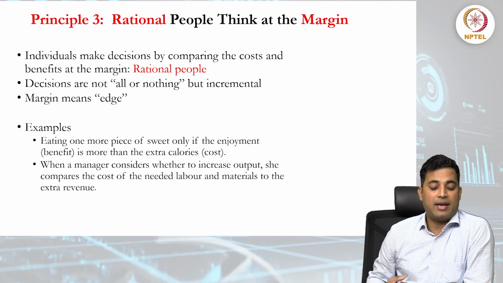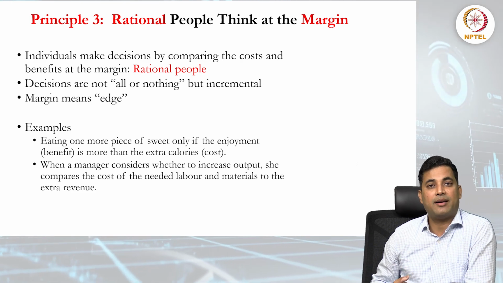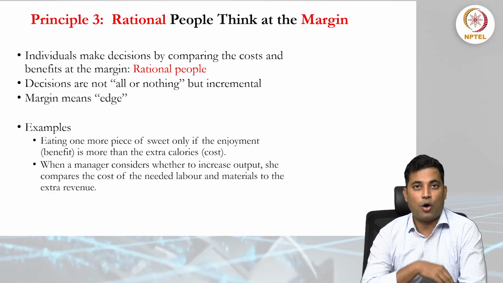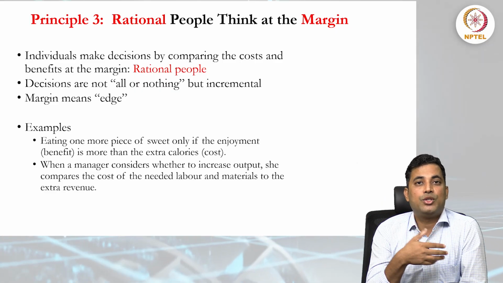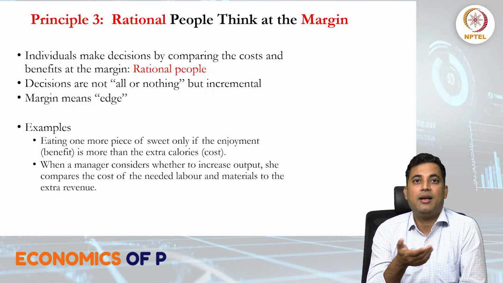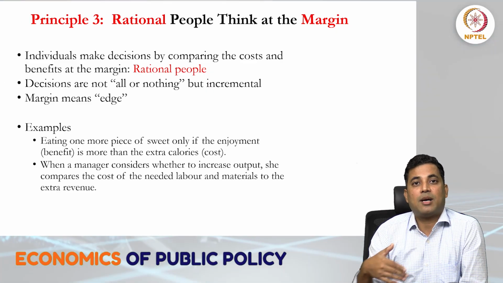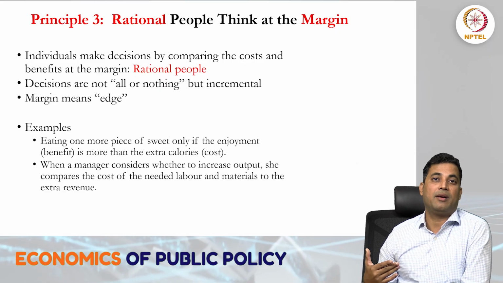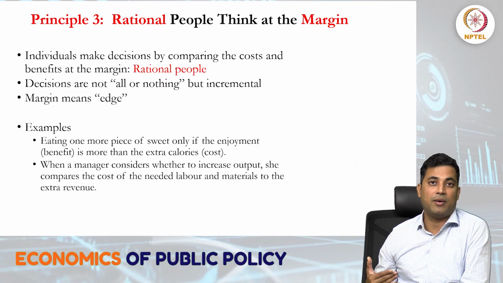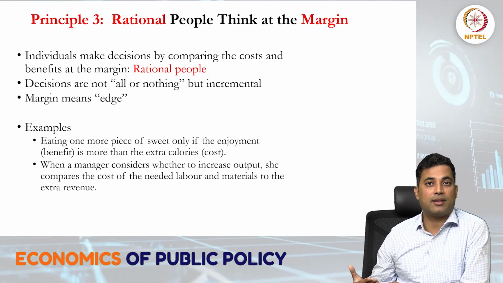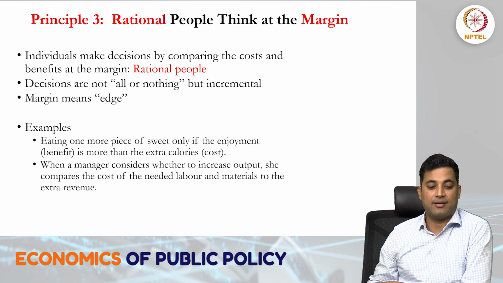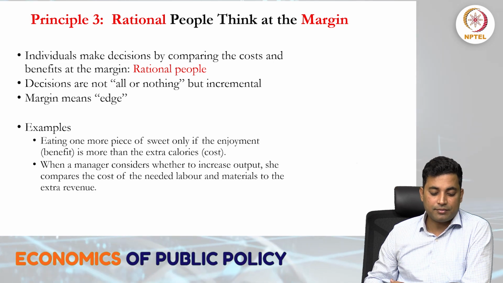One example one can think of is choosing between having sweets, where the cost is basically the calories and the benefit is the enjoyment. How much of the sweets do I enjoy, and what are the costs involved? Here the calorie is considered a cost.